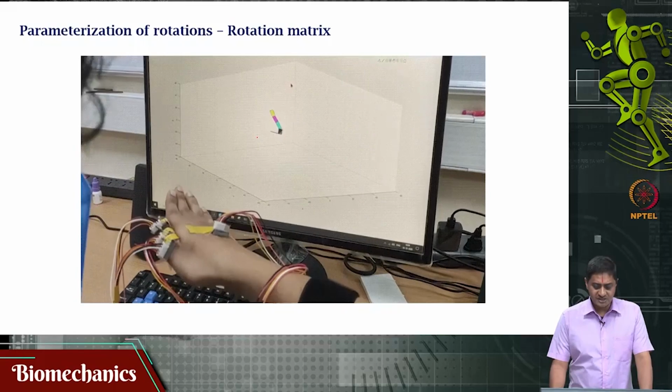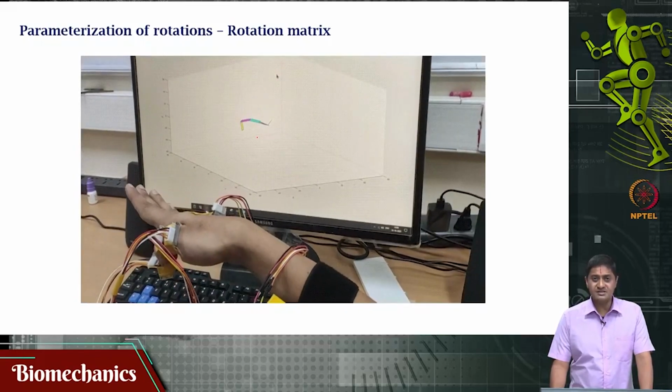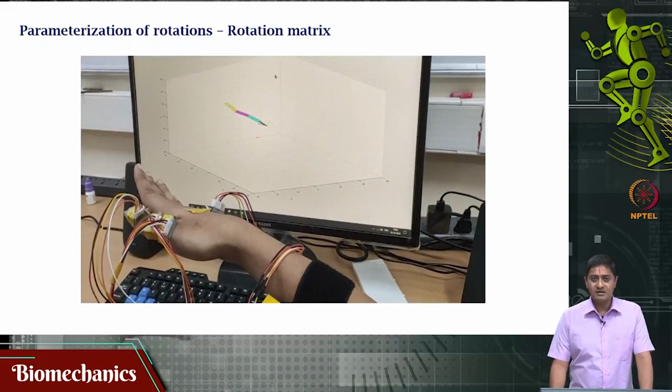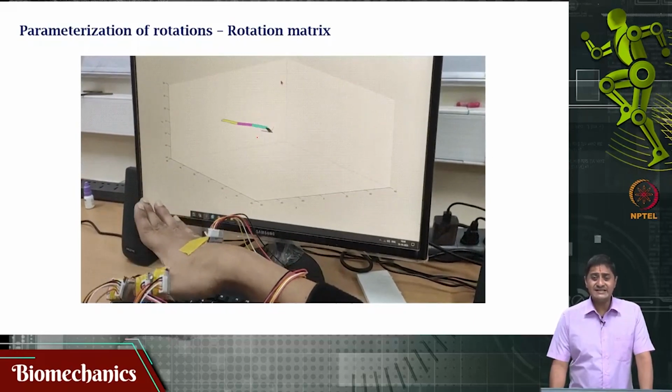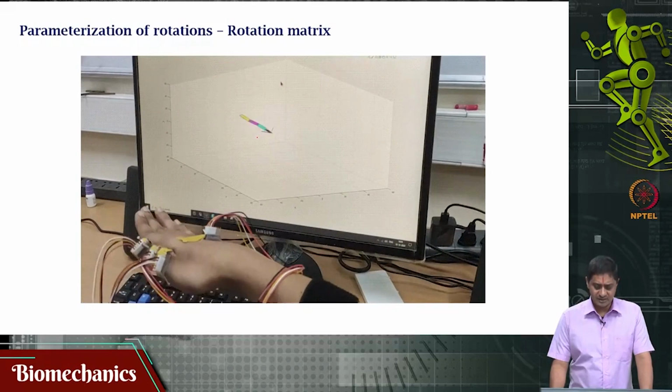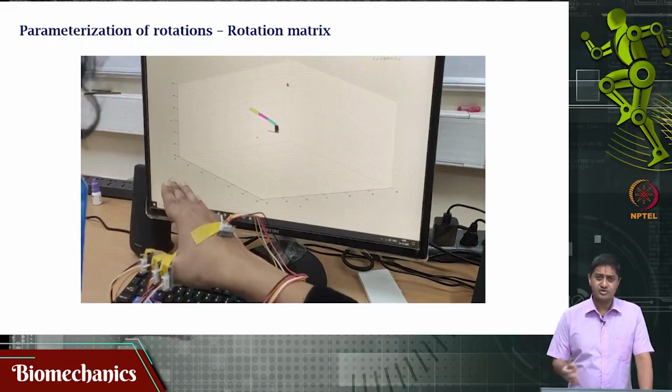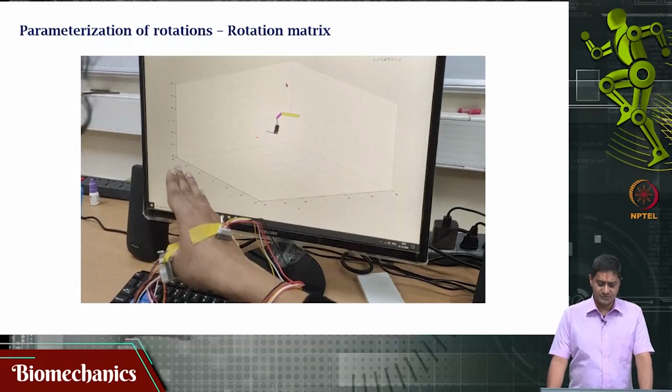So, as the rotation matrix for each IMU is output, we are computing the change in the orientation of that segment, and we are displaying that in real time. That is what is happening.